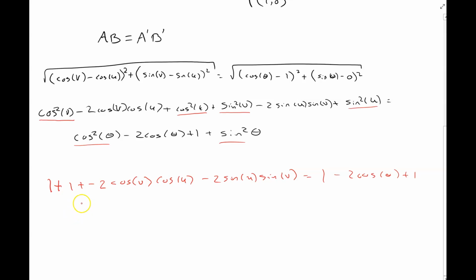Let's group up the like terms. 1 plus 1 is 2. And if you look at the left-hand side, I see there's a greatest common factor of 2. Same thing here. If I add the 1 and 1 together on the right-hand side, there's a greatest common factor of 2 as well. Everybody see that? So let's divide both sides by 2.